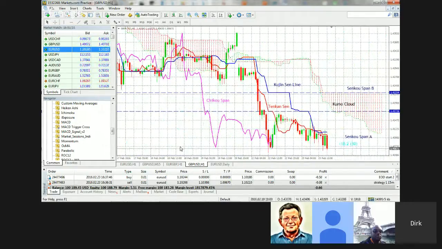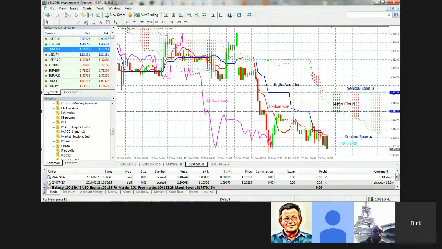So those are the 5 lines that form the Ichimoku. It's the Senku span A and B, which forms the Kumo cloud. It's the Tenkan and Kujin Sen, which runs with price. Okay. Remember, the Senku span lines are shifted ahead of time by 26 candles. And then we've got the Chiku span, which is live price shifted backwards by 26 periods or candles.